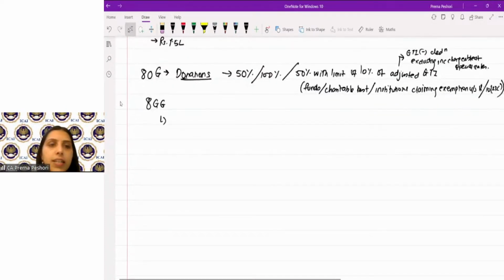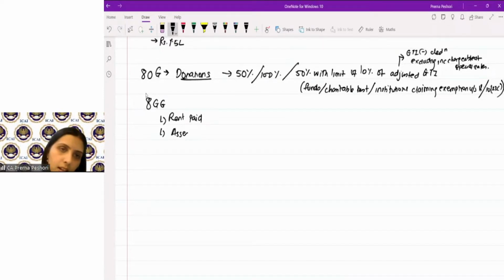Now 80GG is in respect of the rent paid. Deduction in respect of the rent paid. Now this is for the assessee who is not receiving HRA, meaning he may not be an employee, who is not in receipt of the HRA and who pays rent for the accommodation.